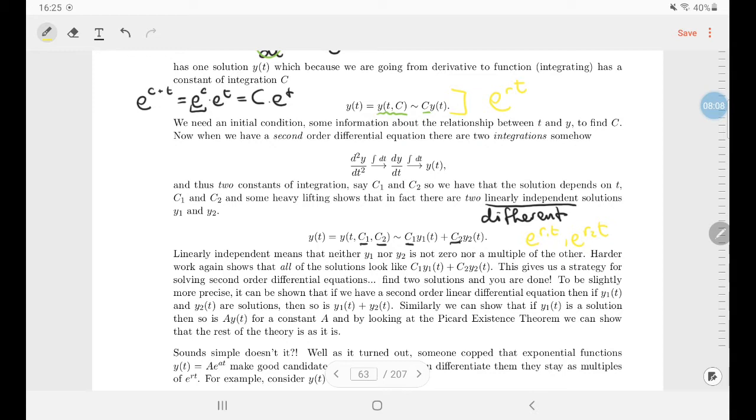So the maths theory says, for the ones we're looking at, there's two essentially different solutions. You multiply them both by constants, you get more solutions. You add them together, you get more solutions. So essentially, all you have to do is find two different solutions, and you have all of them.